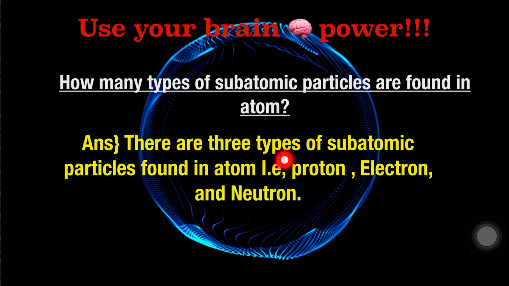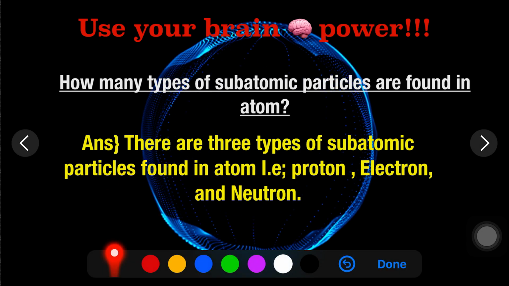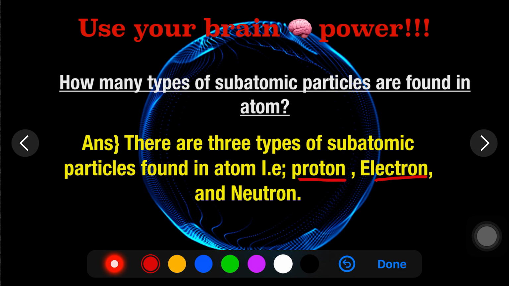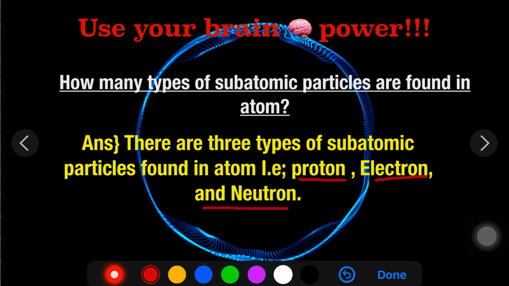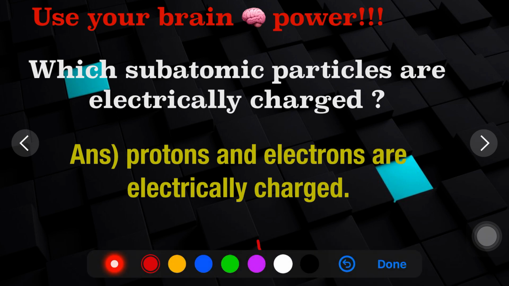There are three types of subatomic particles found in an atom, that is proton, electron and neutron. Which subatomic particles are electrically charged? Think. So the answer is protons and electrons are electrically charged.